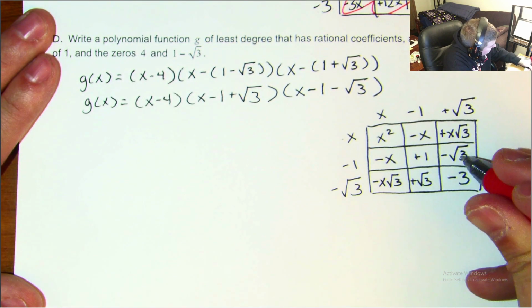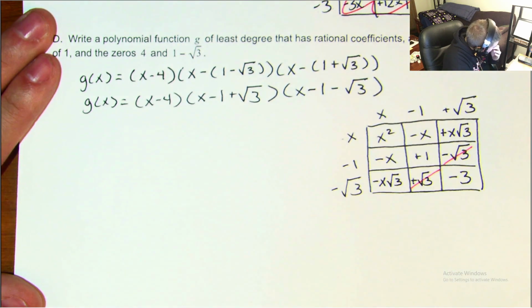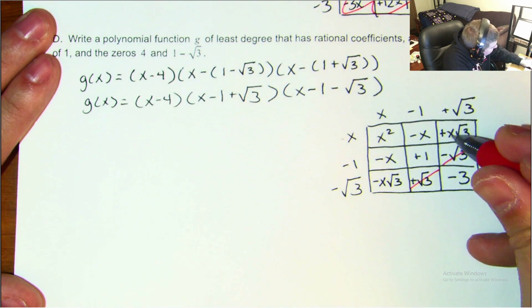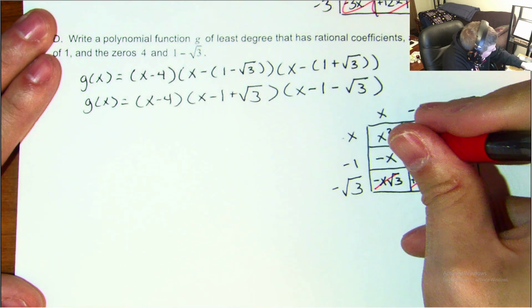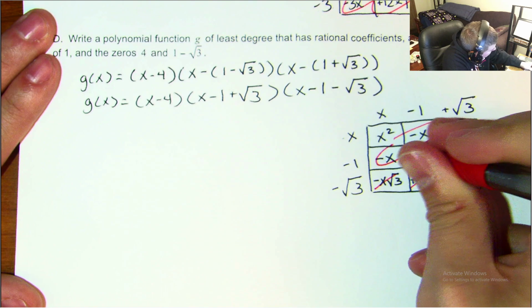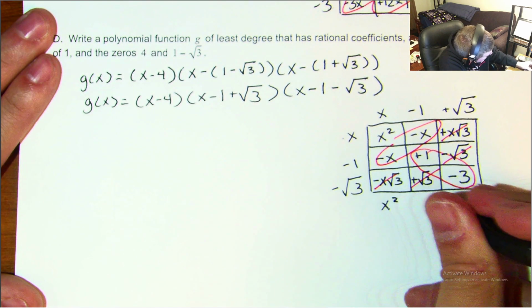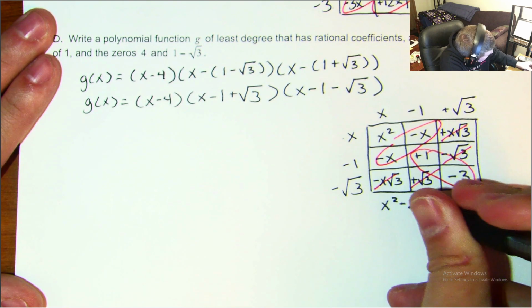Okay. Positive square root of 3 and negative square root of 3 cancel each other out. Positive x times the square root of 3 and negative x times the square root of 3 cancel each other out. And now we have like terms here and here, so we can combine those. So we get x squared minus 2x minus 2.